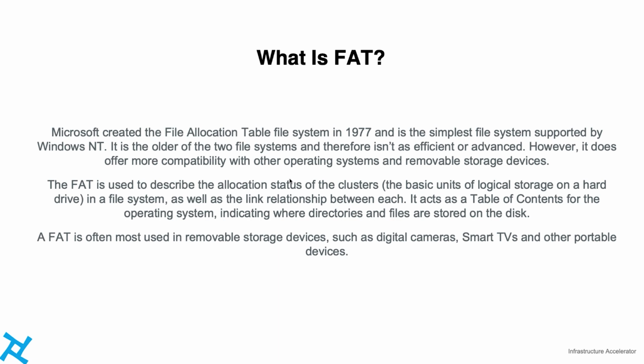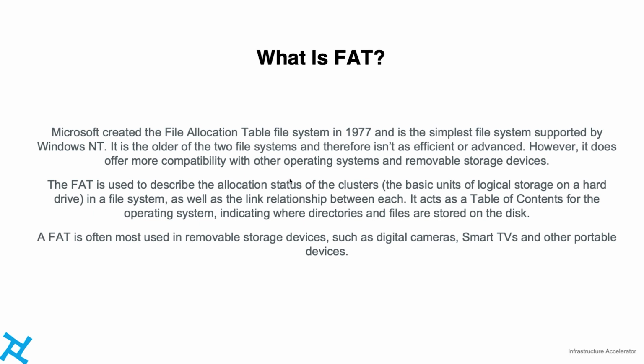The FAT is used to describe the allocation status of the clusters, the basic unit of logical storage, the clusters which we discussed just the section before, in a file system, as well as the link relationship between each. It acts as a table of content. It's the partition table we are talking about. It acts as a table of content for the operating system, indicating where the directories and files are stored on the disk.